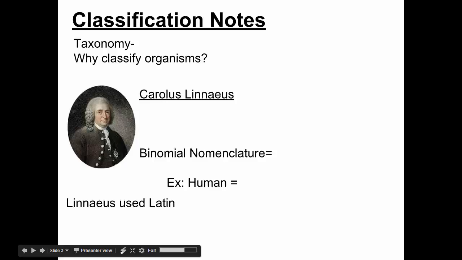Probably a word you haven't really heard, but taxonomy is a science of how we classify things. Classify means sort of putting things into groups based on their characteristics.